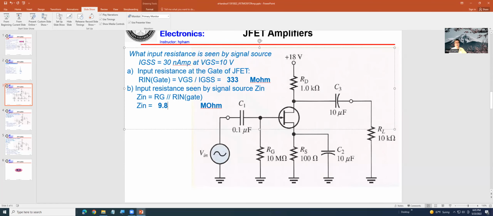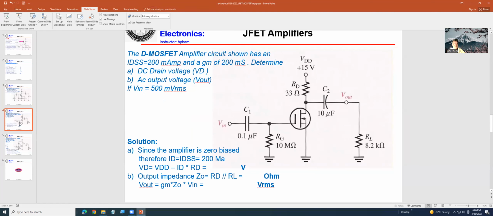Okay, so any question regarding this problem? Next one. Now, they're talking about the MOSFET.